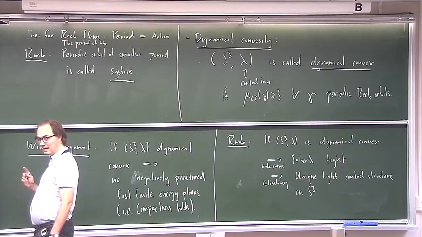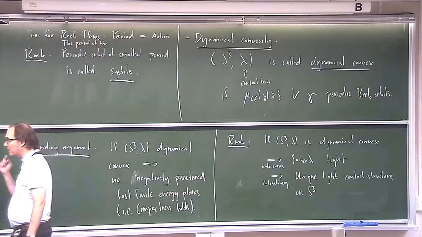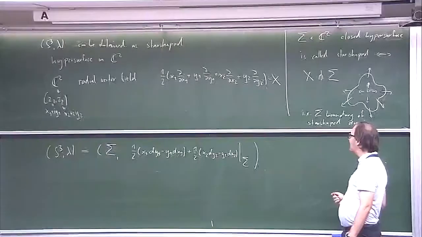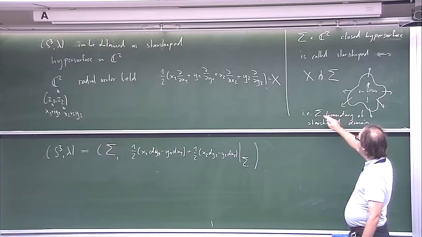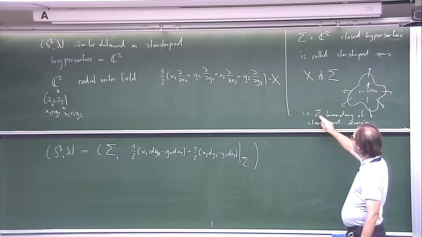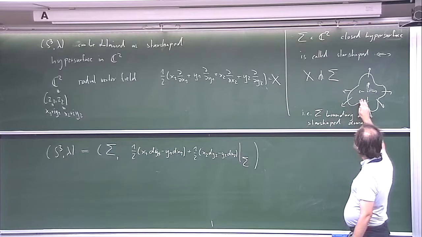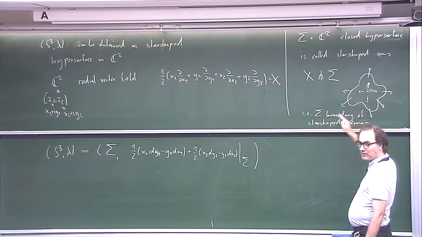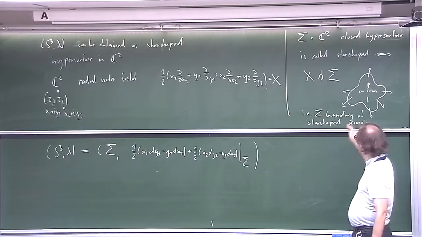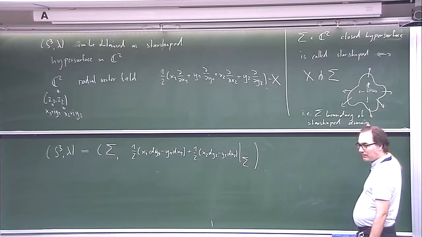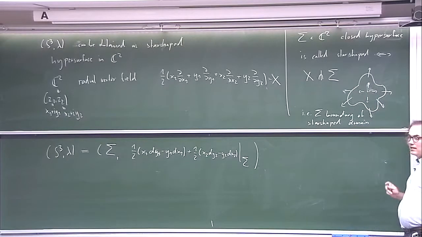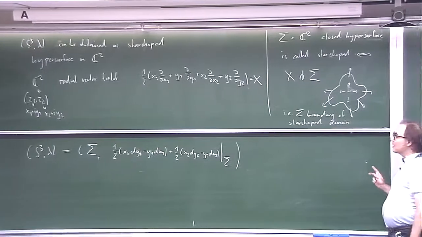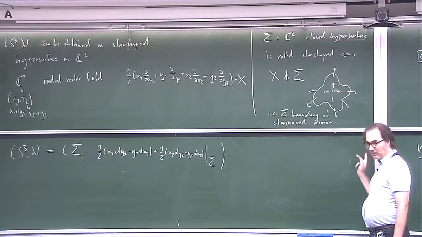But there is a criterion, due to Hofer-Wysocki-Zehnder: a special kind of star-shaped hypersurfaces are convex hypersurfaces. If sigma is convex, then it's actually dynamically convex.